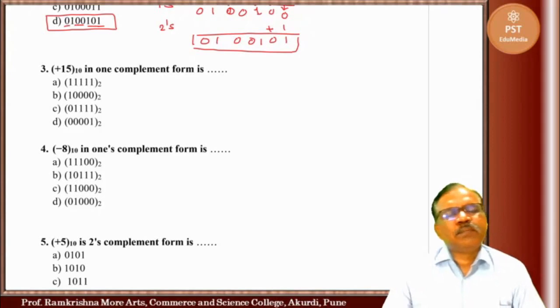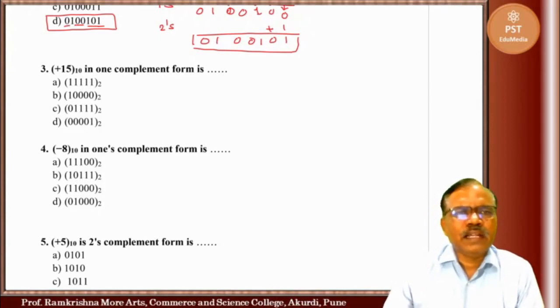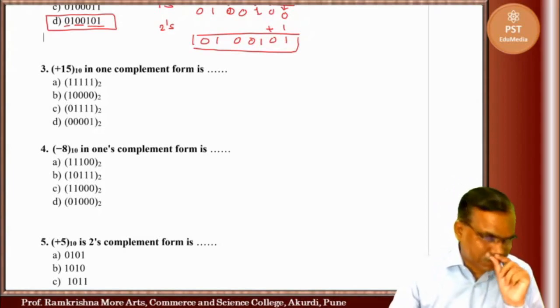Now plus 15 in decimal format, we have to write in complement format. Plus 15 decimal in one's complement form is?